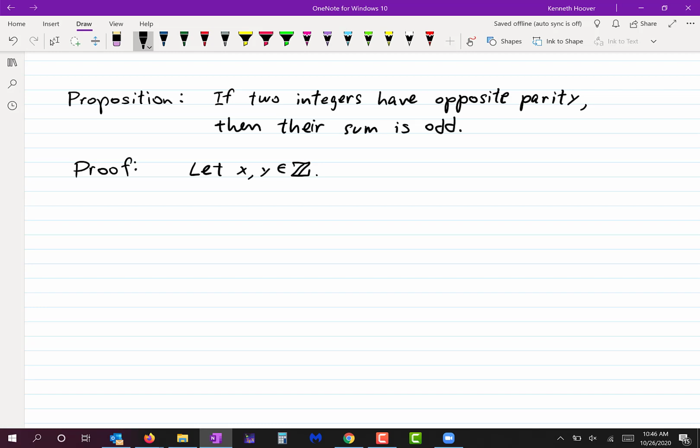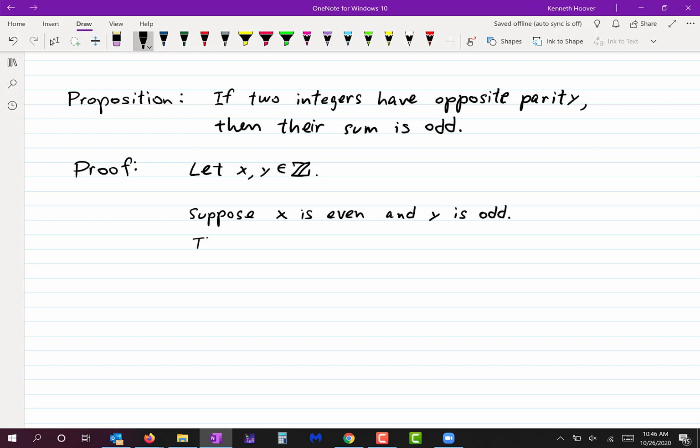So let's write that down. What I want you to see is that there's actually two cases here. So the first case is suppose x is even and y is odd. Okay, now let's go with that.